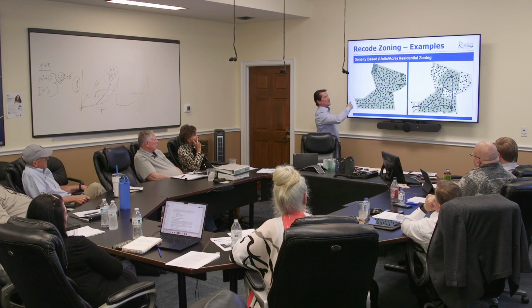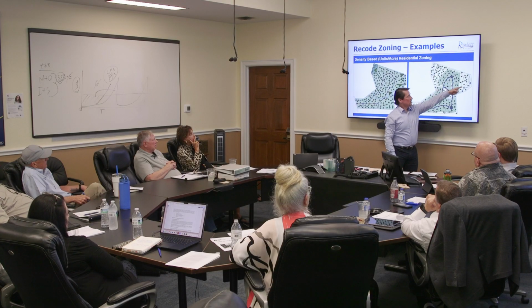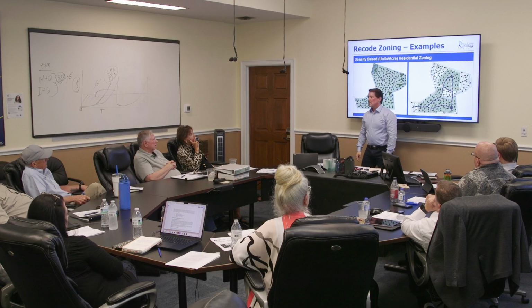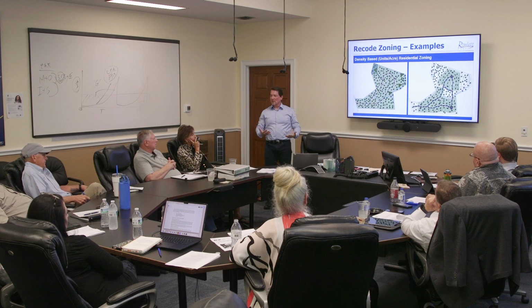So how do you develop this lot when you have to fit rectangles in there? That's a challenge. But if you go to density, it's the same number of units, but you give smaller lots and you get open space. So what are you trying to achieve with your zoning?